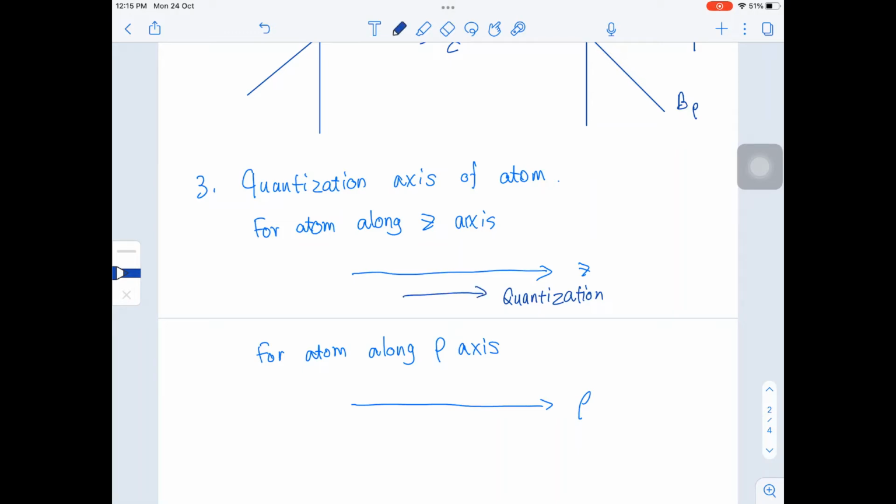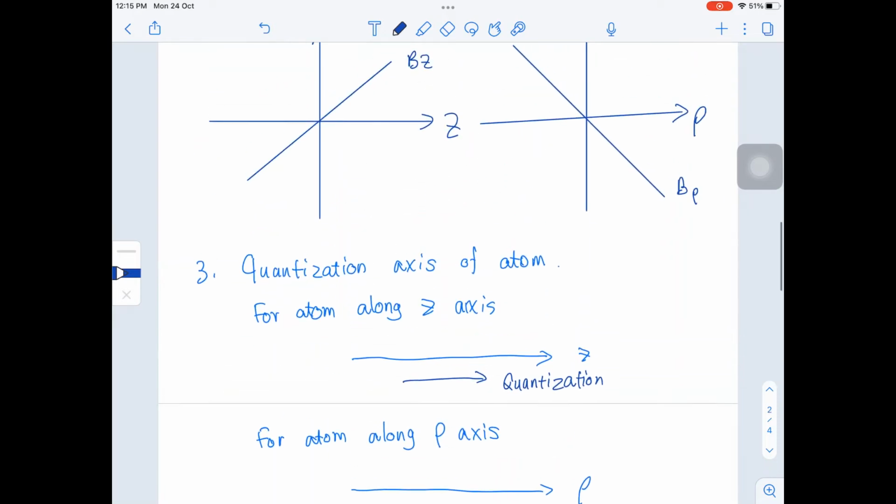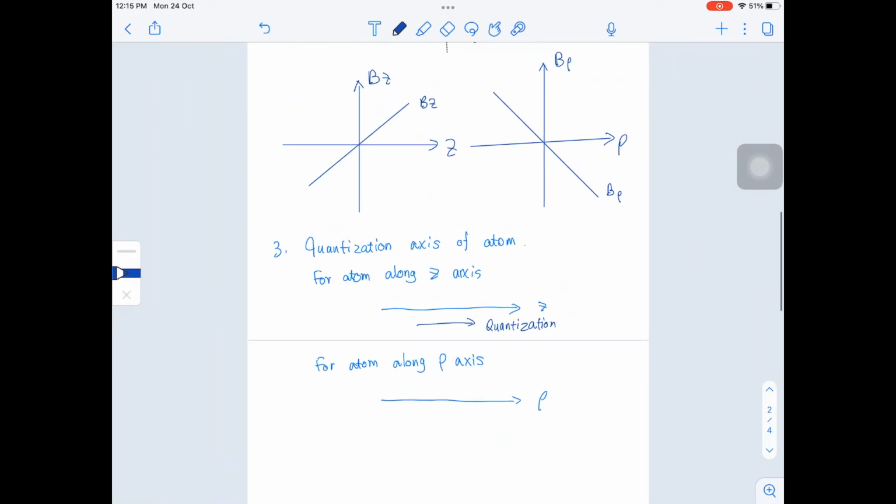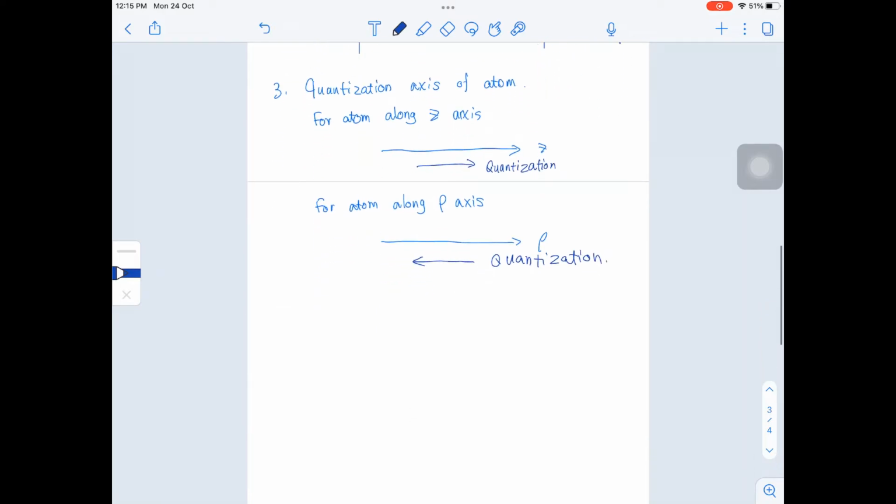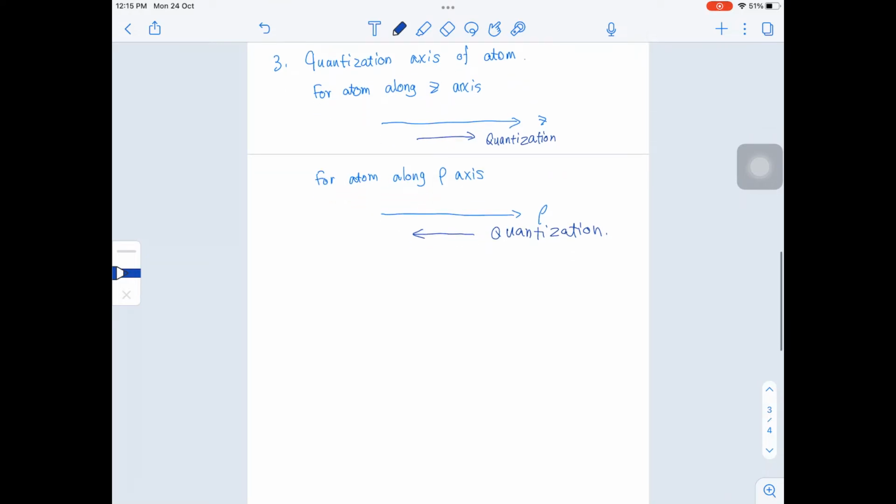For atoms along the rho axis, you can see the curve is falling down, and that means the quantization axis is exactly opposite. Okay. Now we know the quantization axis of the atoms along the z-axis and the rho axis respectively.